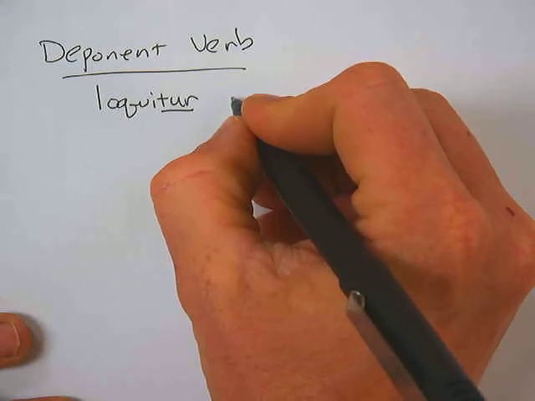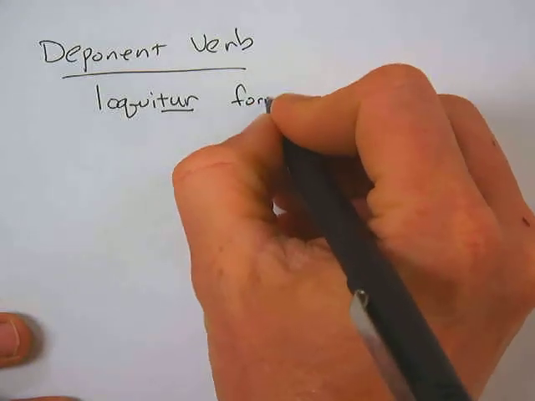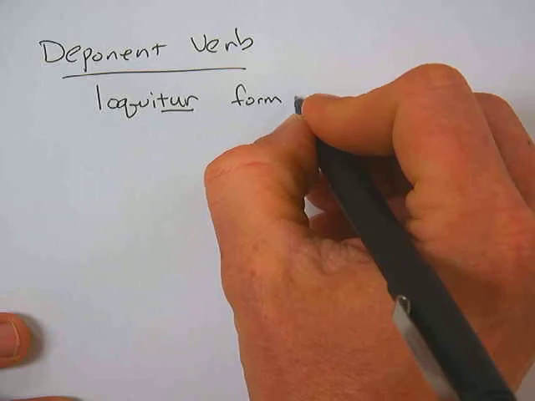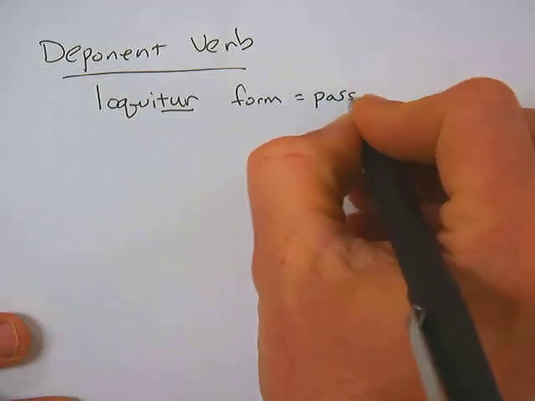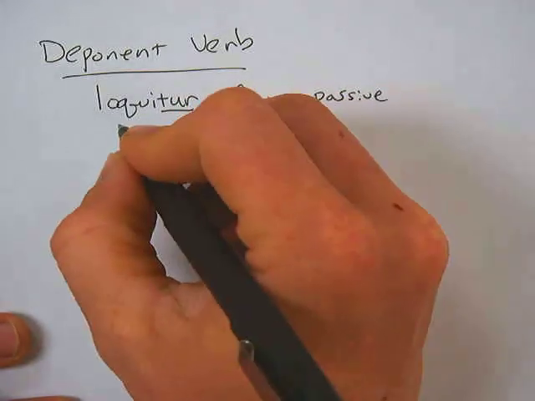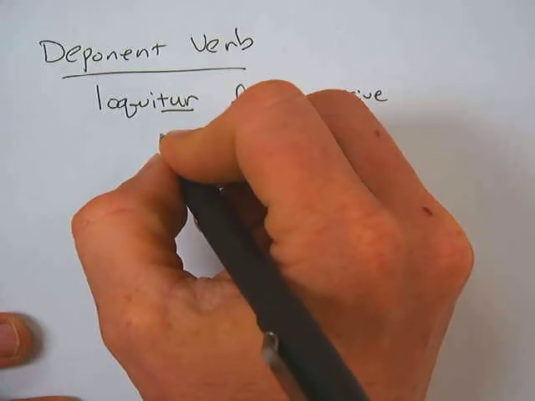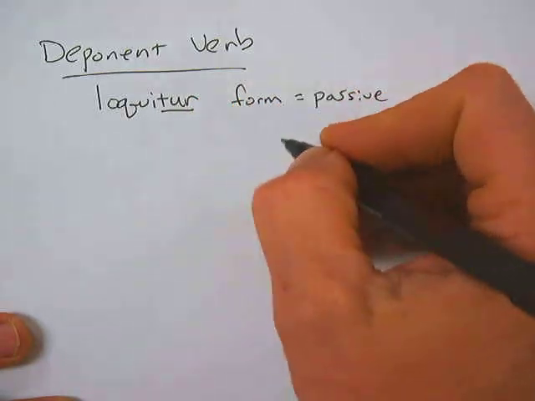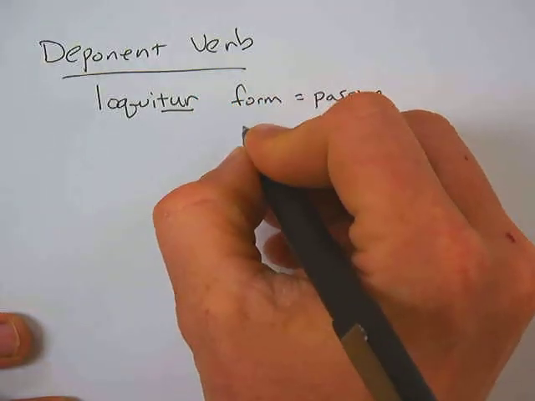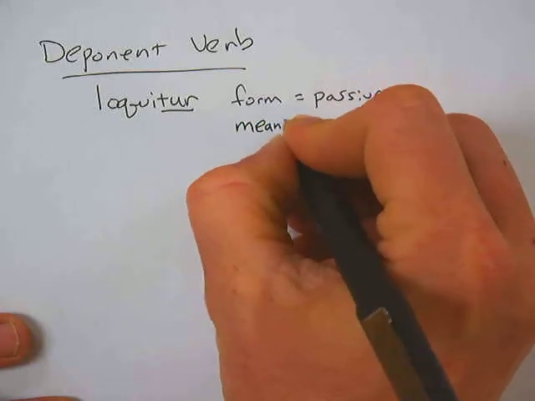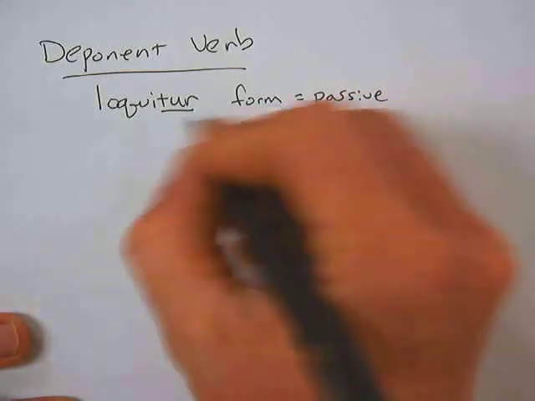Okay, now what does it mean if it's a deponent? Well, what it means is it has a tur, which is a passive ending. So the form of this verb here is passive. But he talks is an active meaning.